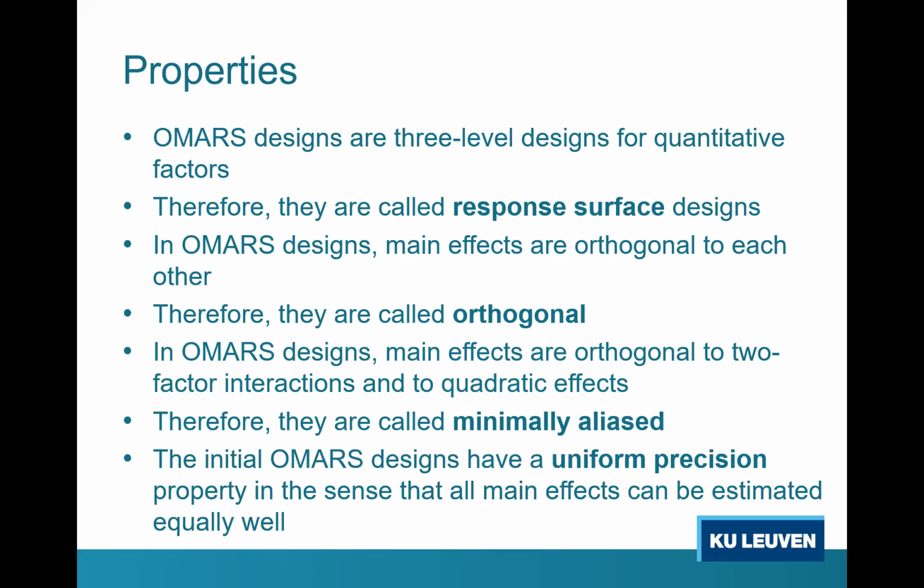In our very first paper on the topic, all of our OMARS designs have yet another technical property, and that is that every main effect can be estimated equally well with our initial OMARS designs. So we have the same precision of estimation for all the main effects. And we call that a uniform precision property. I will explain in a minute how you can recognize whether an OMARS design has a uniform precision property, yes or no.